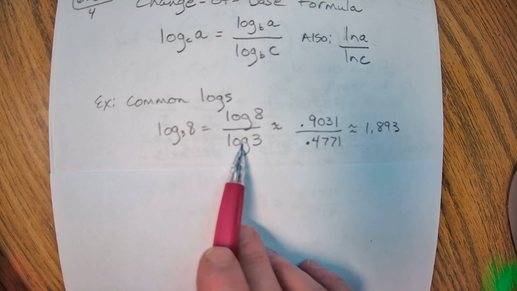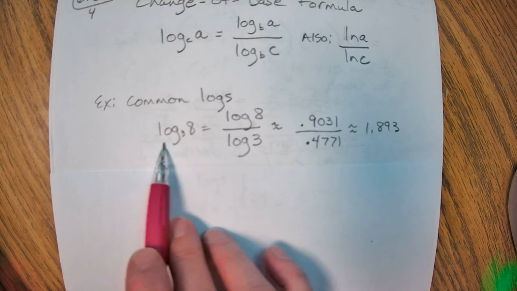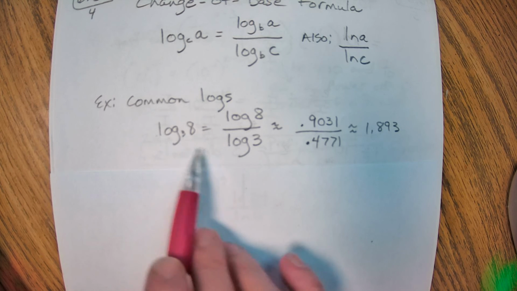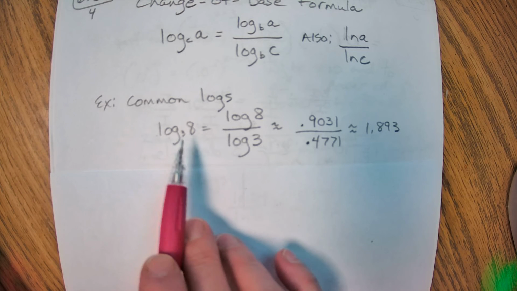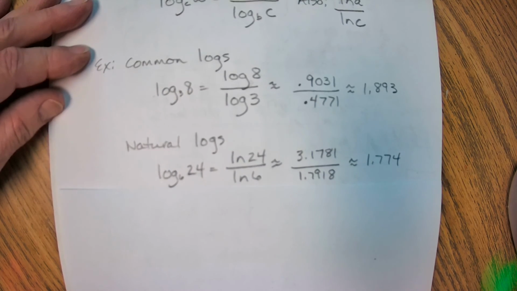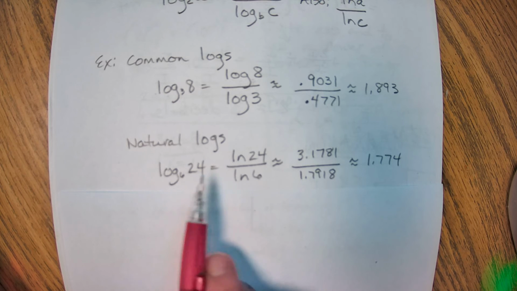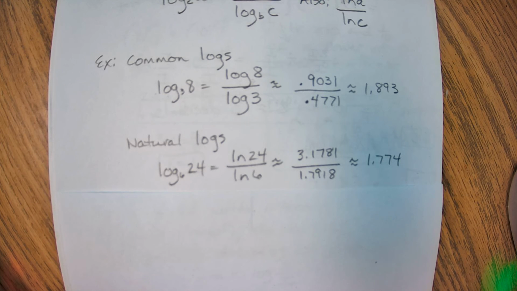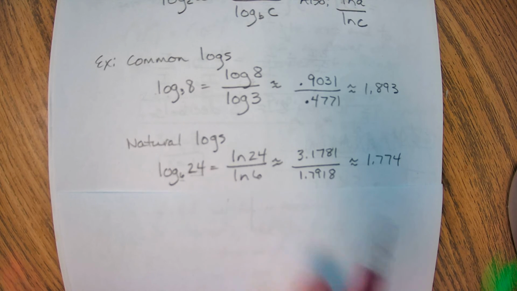And any calculator can do common logs. That's why you do the change of base, so that you can figure out these weird logs with the base other than 10 or e. Remember, base e would be a natural log. So log base 6 of 24 is really the natural log of 24 divided by the natural log of 6. And I can do that on the calculator.